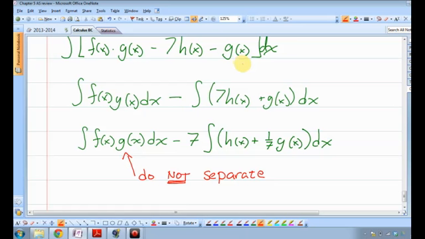Julia, was that you with the question? No. Oh, Roya? So if you had another one like this, but instead of a 7, it was... you have to always factor out the constant. No, I'm not saying you have to always factor out a constant. I'm saying you have to look for the answer choice that is correct. For example, if there was an answer choice that said 10 here, and it was 7/10 h of x plus 1/10 g of x, that was the correct answer.